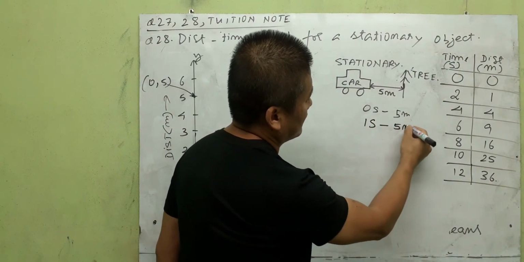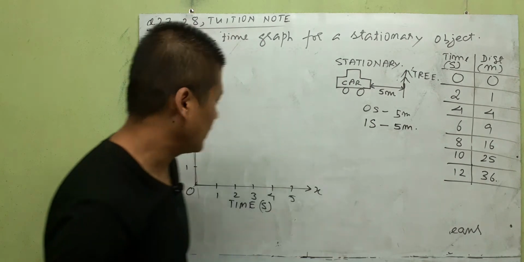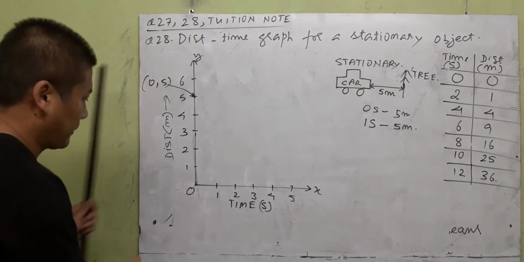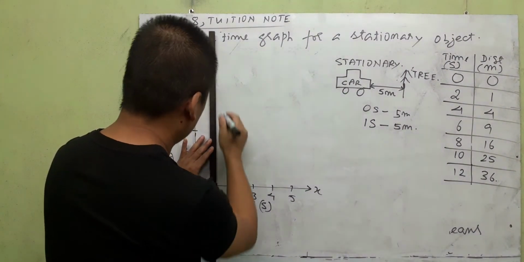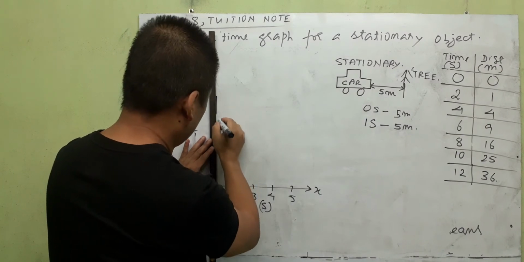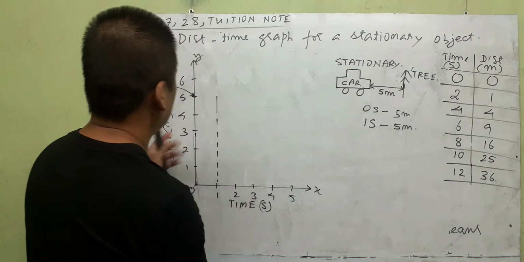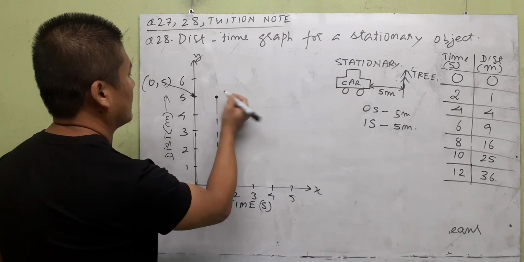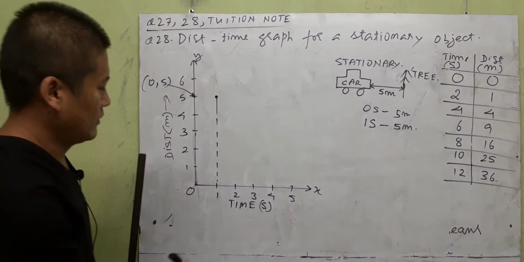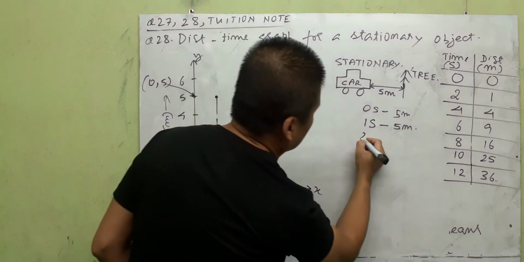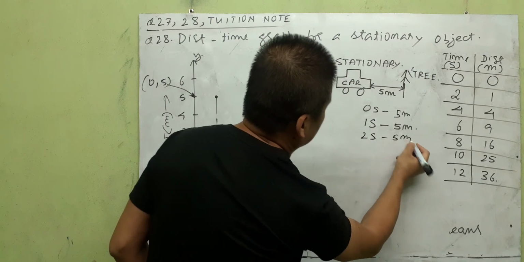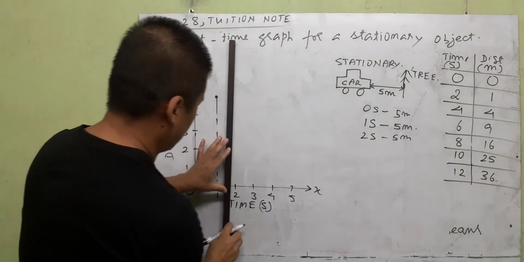Second point, let us say after 1 second we observe. Still it is stationary, means the gap is the same, 5 meters. So after 1 second, draw like this. It is still here, see. And after 2 seconds, you observe stationary, means still at 5 meter distance.